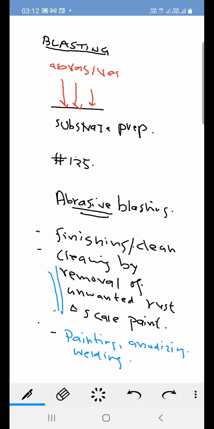Now, whenever you're doing a certain mechanism, it comes with some side effects. The first side effect that one observes in abrasive blasting is the formation of stress.